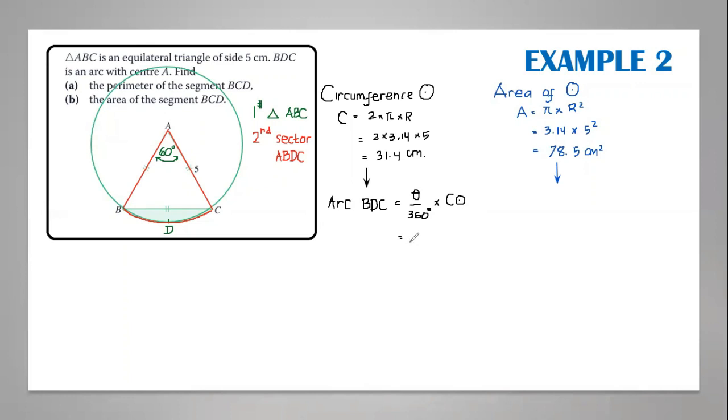So what is the angle at the center? It's 60 degrees. 60 degrees over 360 degrees times circumference of circle, which is 31.4 centimeters. So this one we can cancel, right? 1 over 6 times 31.4 centimeters.